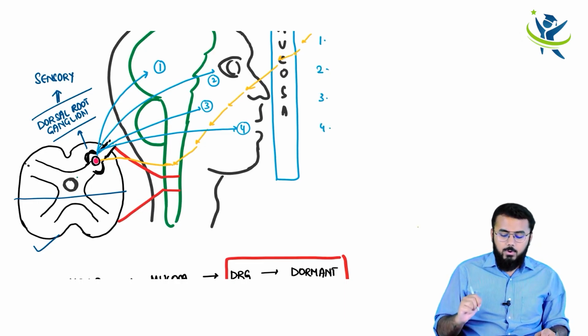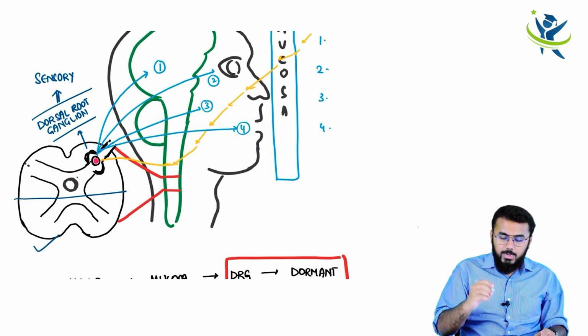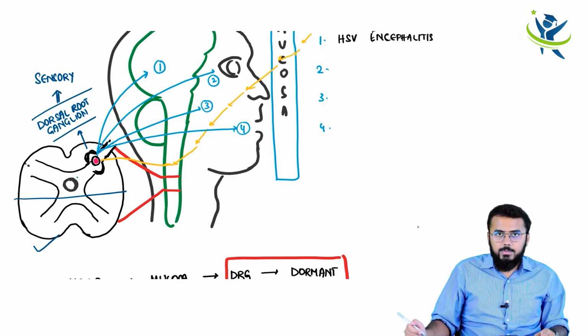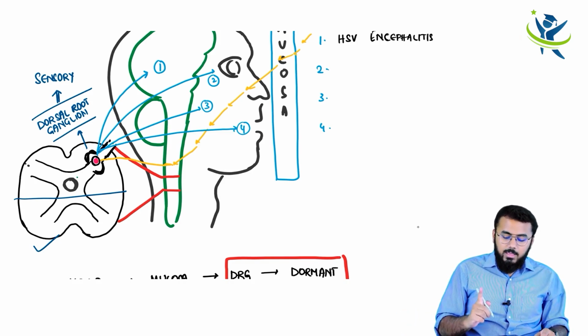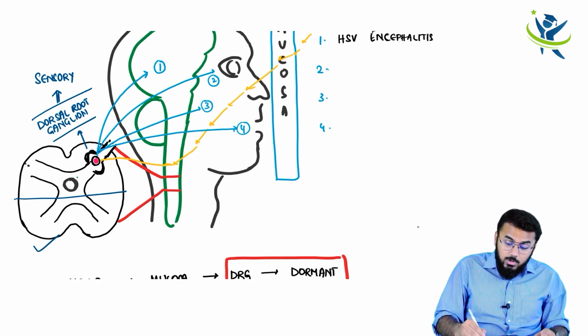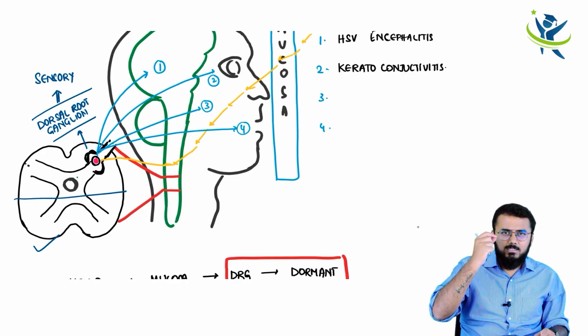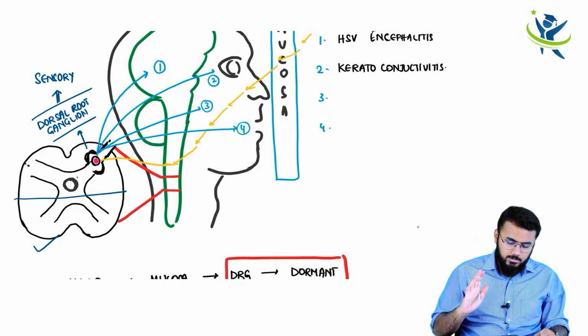Point number 1: if it affects your brain, it will cause HSV encephalitis. If it affects your eyes, it is going to cause keratoconjunctivitis. It will form vesicles, pustules and so on in the eye region.